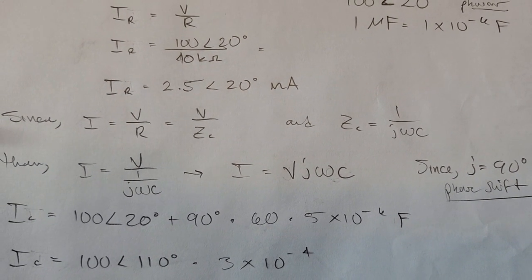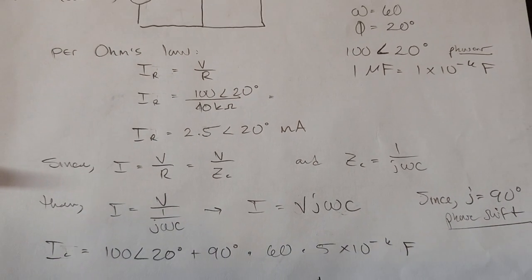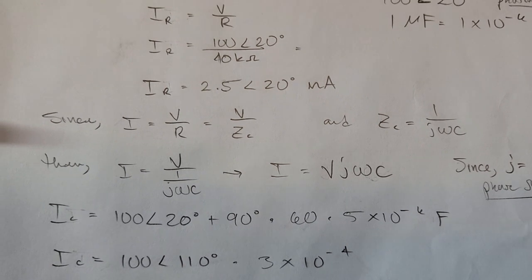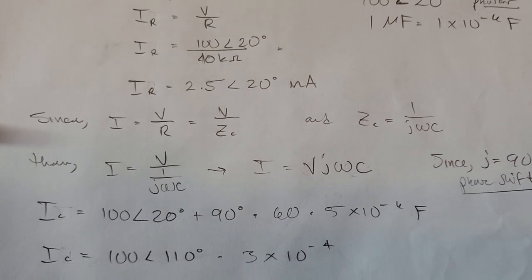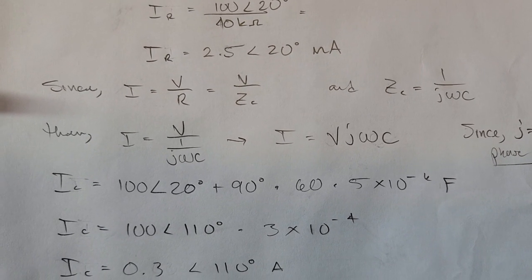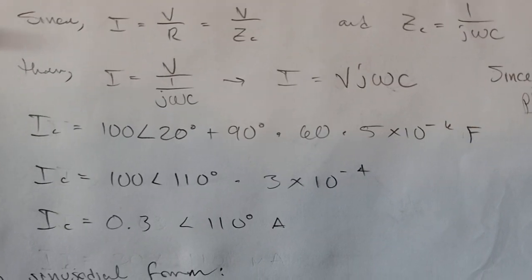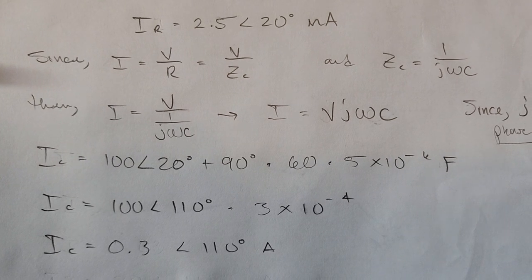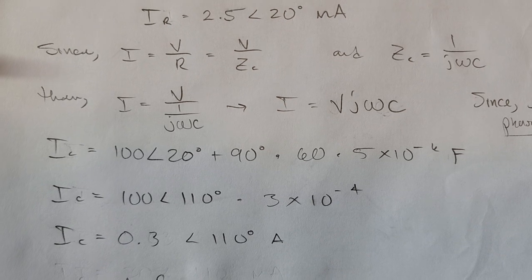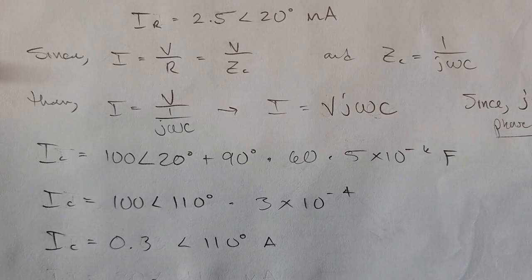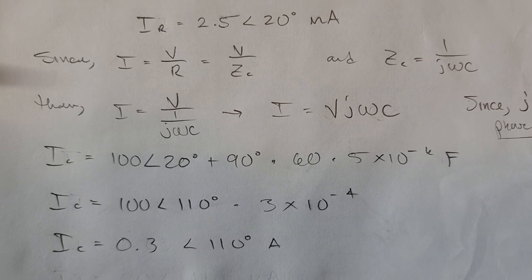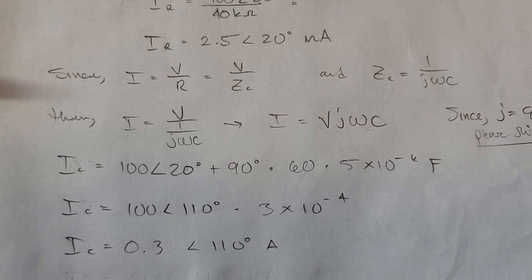And then I continued to input my values of angular frequency of 60 times 50 times 10 to the -6 farads, converted from microfarads to farads. And after all of that, it yielded a current through the capacitor of 0.3 at an angle of 110 degrees amps in phasor form.